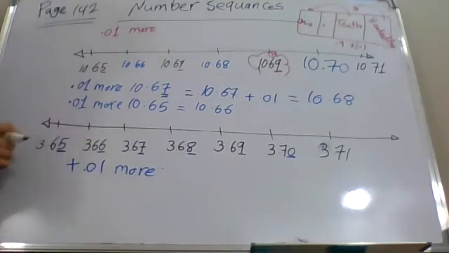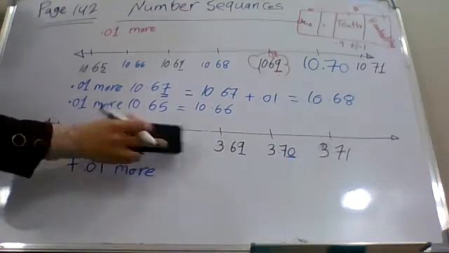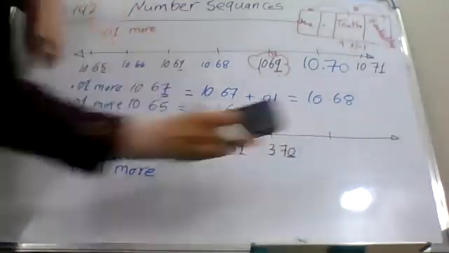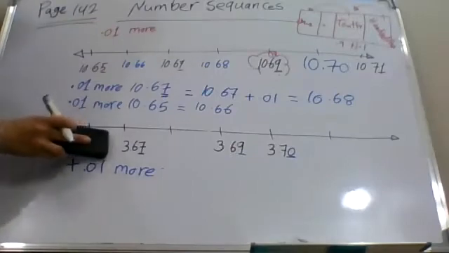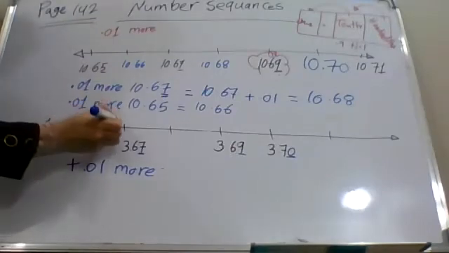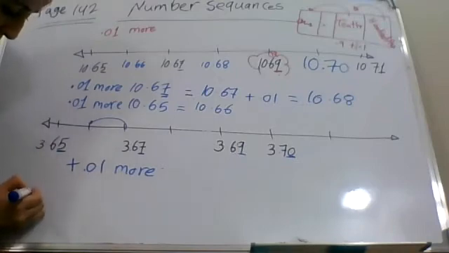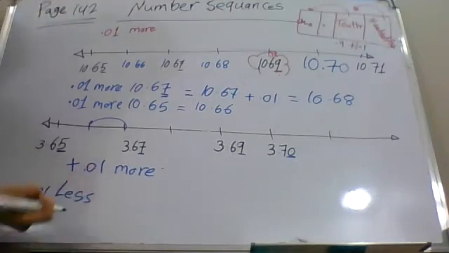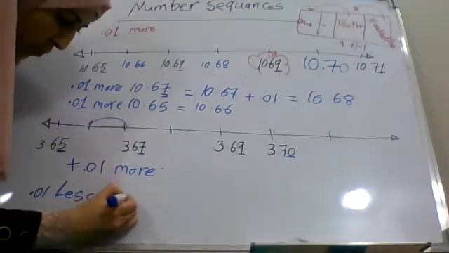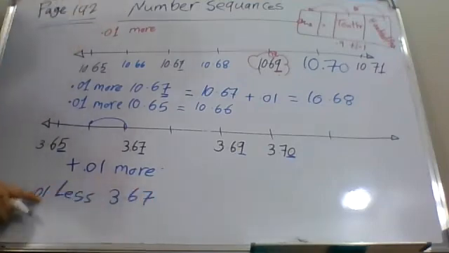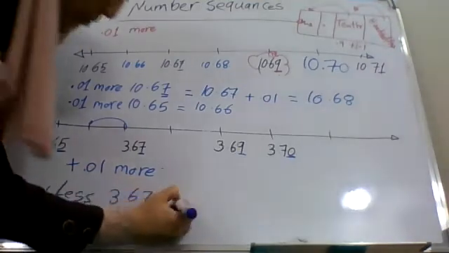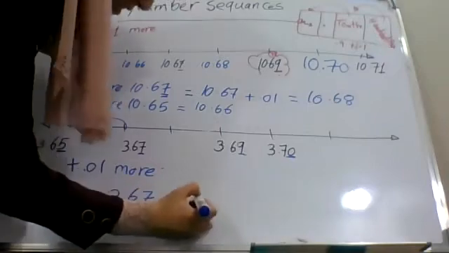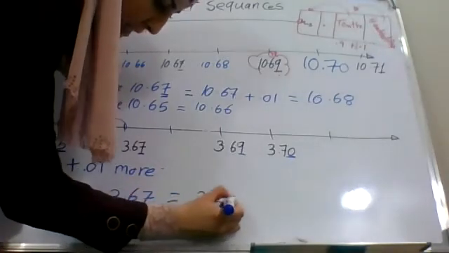Okay, how about if I ask you now, I want you to guess the numbers that are less, okay? Can you tell me what is 100th less? So I want to take away from 3.67. I'm taking away from the 100th place, so the 7 is going to be what? It's going to be 6, so 3.66.